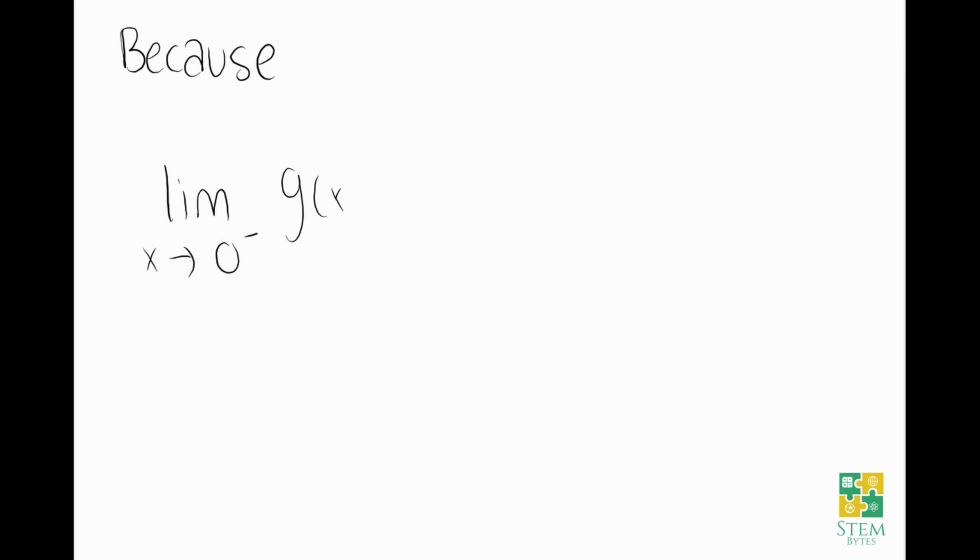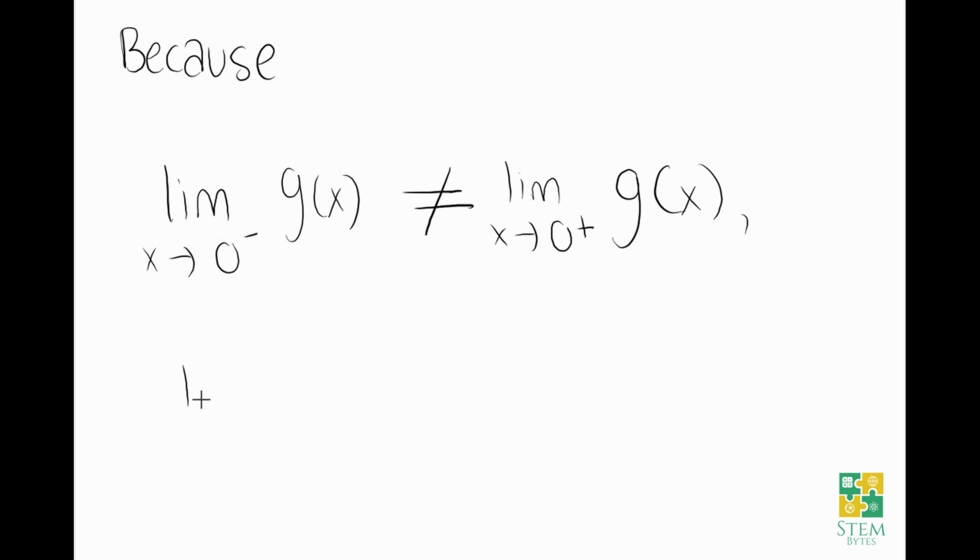So this is because the limit as x approaches 0 from the negative side of g of x does not equal the limit as x approaches 0 from the positive side of g of x. The limit as x approaches 0 of g of x does not exist.